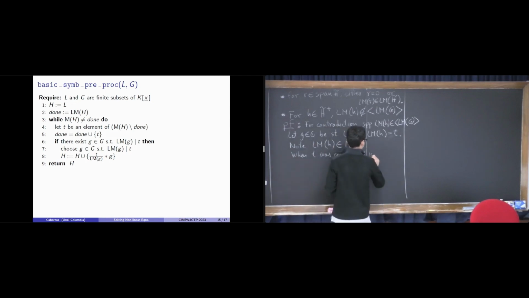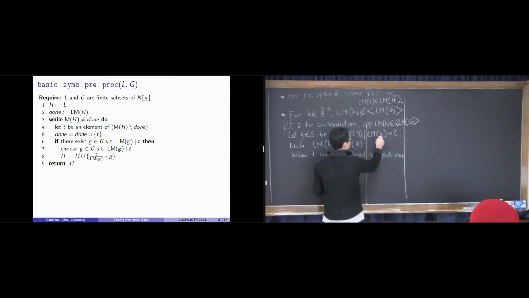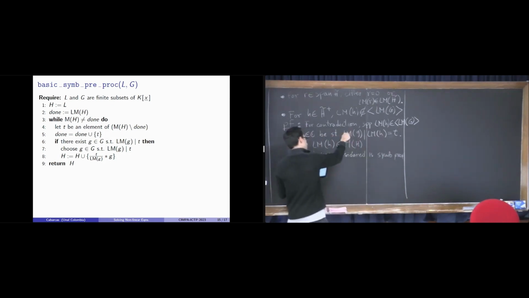In the symbolic preprocessing, since there was a g that divided that, whose leading monomial divided that t, then these must have been inserted, or something similar to this. So that one or any other.